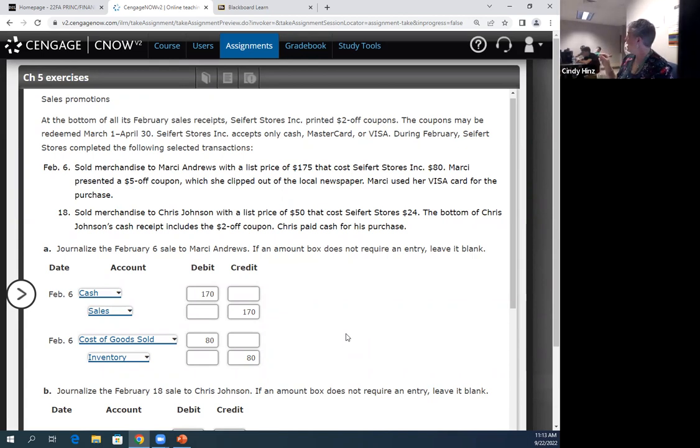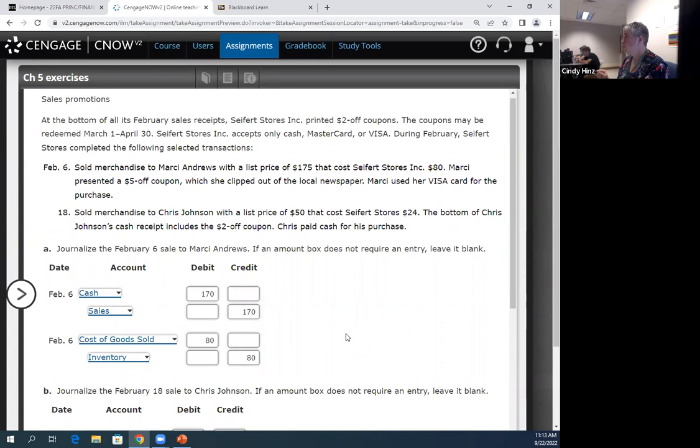The value of those coupons is not paid by the store. Instead, the store redeems them. In my example, if it's a $1 off coupon, Procter & Gamble is going to pay the store $1 for accepting that coupon, plus a tiny little handling charge.